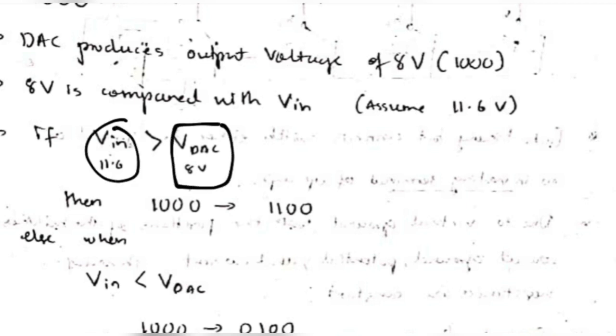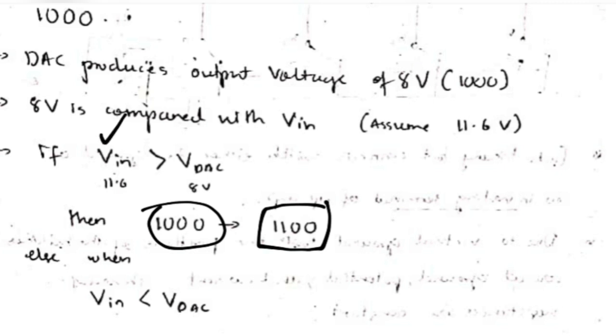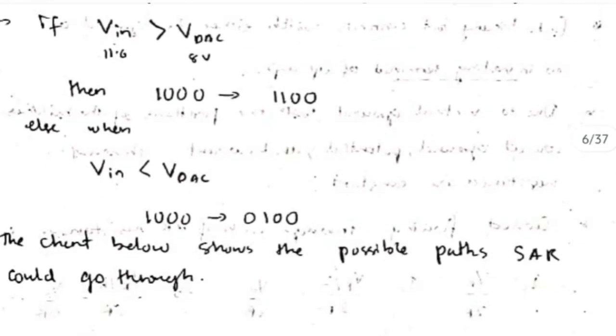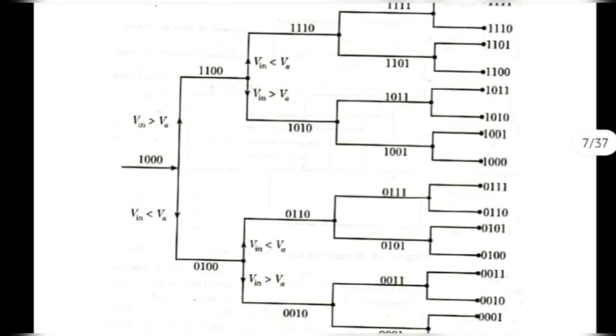If this V in is greater than this VDAC, what happens is this 1 0 0 0 will become 1 1 0 0. Okay, in case it's greater. If it's not greater, what will happen? This 1 will be shifted one position to the right, so it will be 0 1 0 0. Okay, these are the possible paths which can be followed according to the V in value.